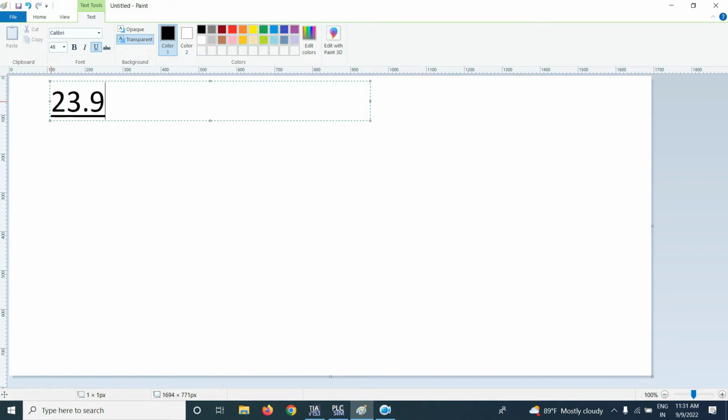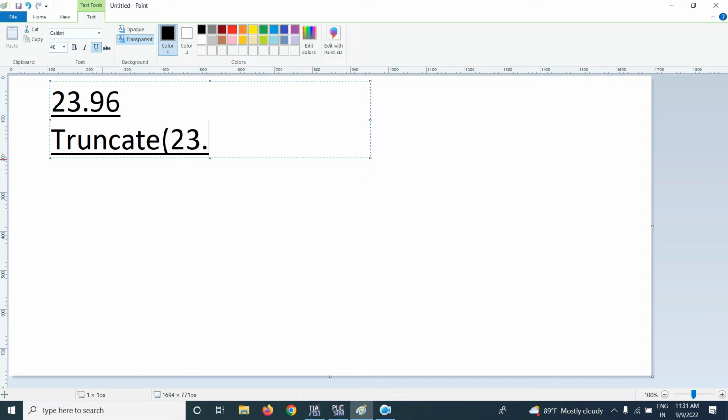Suppose we have a number 23.96. Truncate of 23.96 is equal to 23.